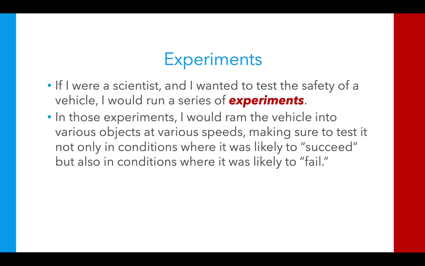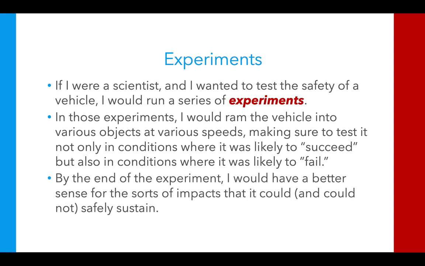In those experiments, I might ram the vehicle into various objects at various speeds, being sure to test it not only in conditions where it was likely to succeed, that is, keep its passengers safe, but also in conditions where the vehicle is likely to fail. By the end of this series of experiments, I would have a better sense for the sort of impacts that the vehicle could and could not safely sustain. So that would give me some information about the safety of the vehicle.